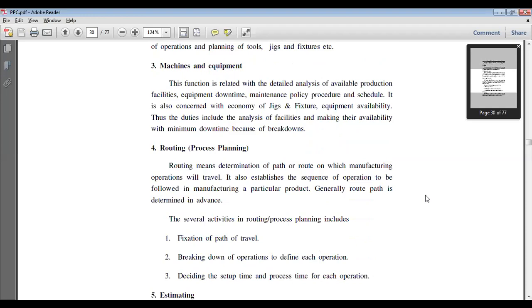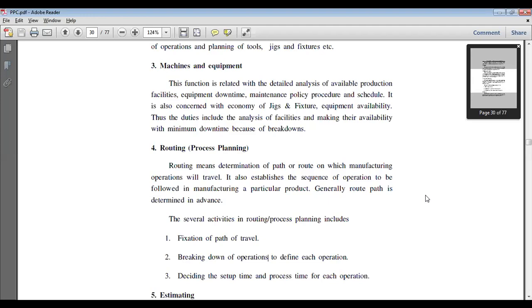So we have a standby emergency plan for failure of machine A, and this way we will overcome the failures of machine A. So this is called routing process planning, where we also take care of all the machine failures.